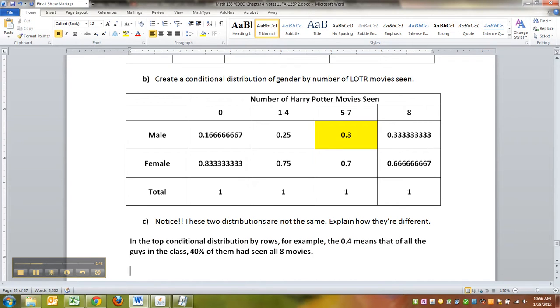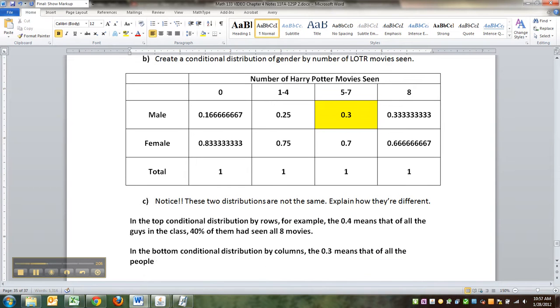In the bottom conditional distribution by columns, the 0.3 means that of all the people who had seen all 8 movies, 30% of them were guys.